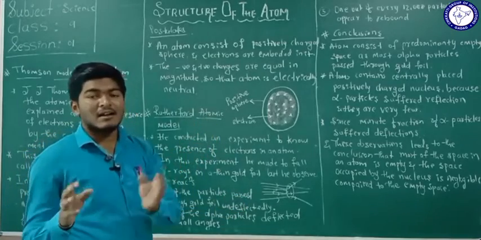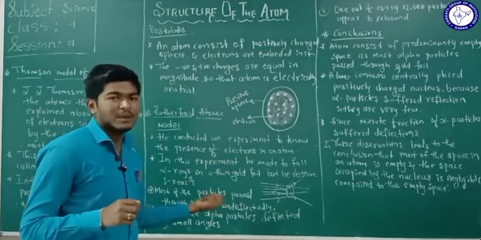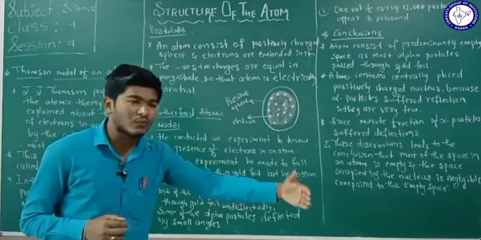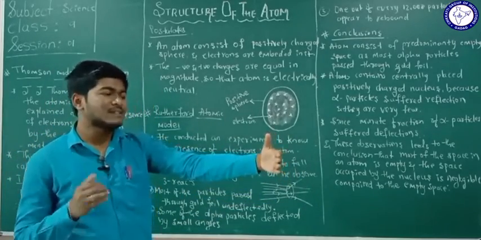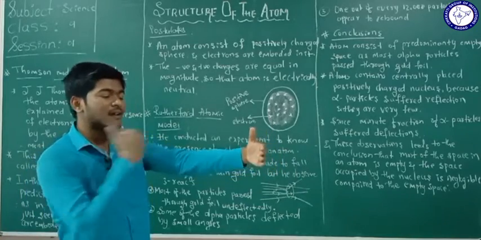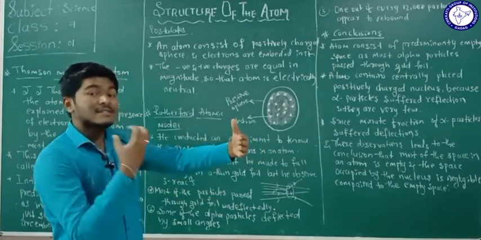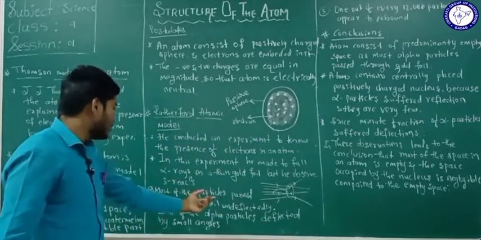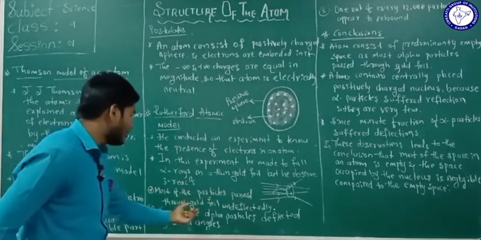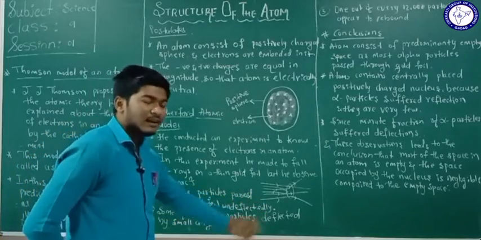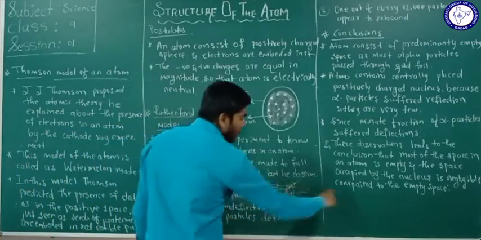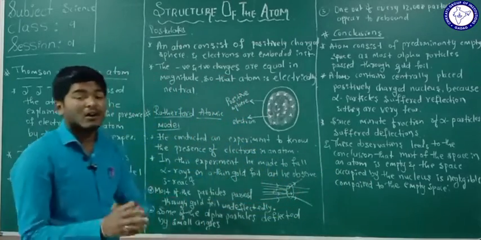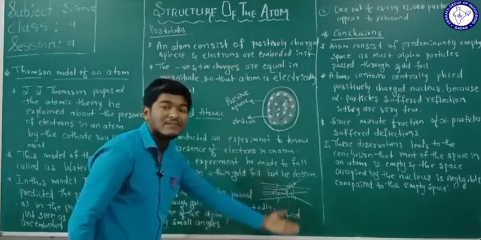When he started his experiment, making the alpha particles fall on the gold foil, most of the alpha particles passed through the gold foil undeflected. The alpha rays passed without showing any deflection.